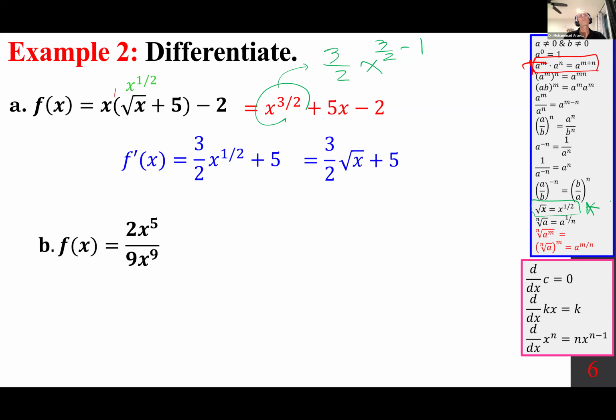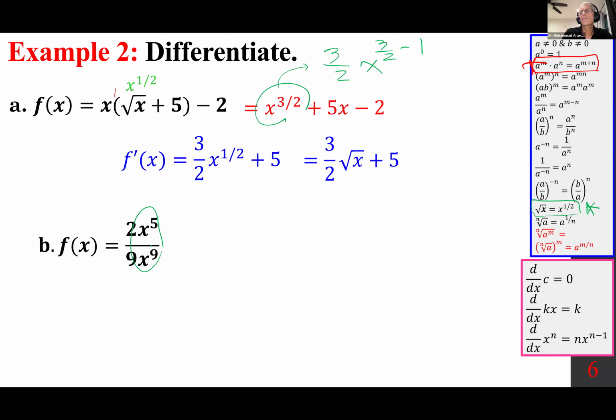What about part B? We cannot use the power rule as given, so we have to make an algebraic step such that it becomes ready for the power rule.